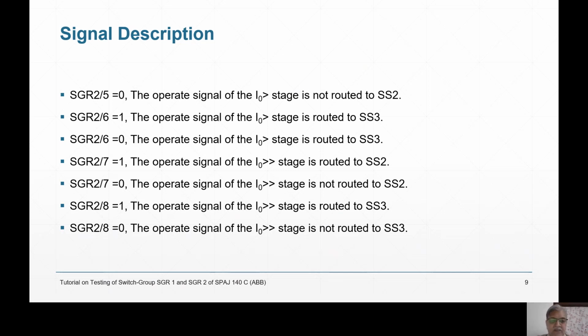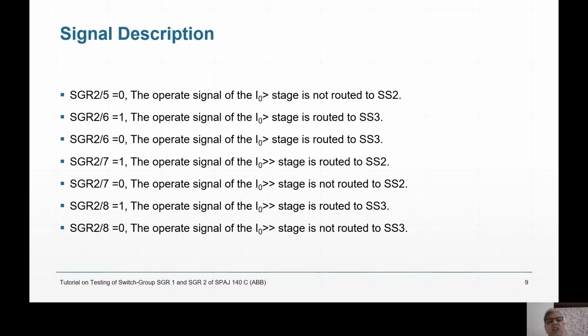SGR2 7 equal to 1, I0 double greater than stage to be routed to SS2. SGR2 8, I0 double greater than stage to be routed to SS3, another location. So these are signal locations, signal relays. So the start function and the signal function, these two important functions are provided.